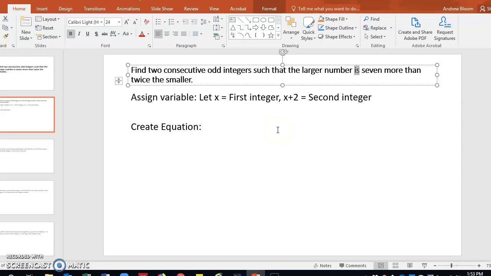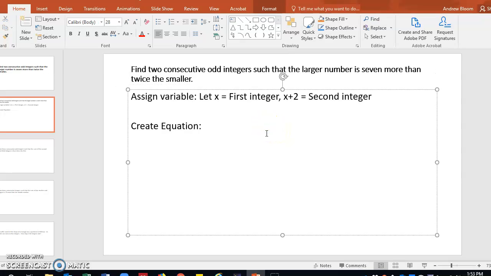Sometimes we see "is equal to," sometimes we see "is the same as." As we look at this, "find two consecutive odd integers such that." The first part of this helped us to assign our variables. The "such that" is kind of a divider between our assignment of variables and our relationship. Now we're going to look at our relationship.